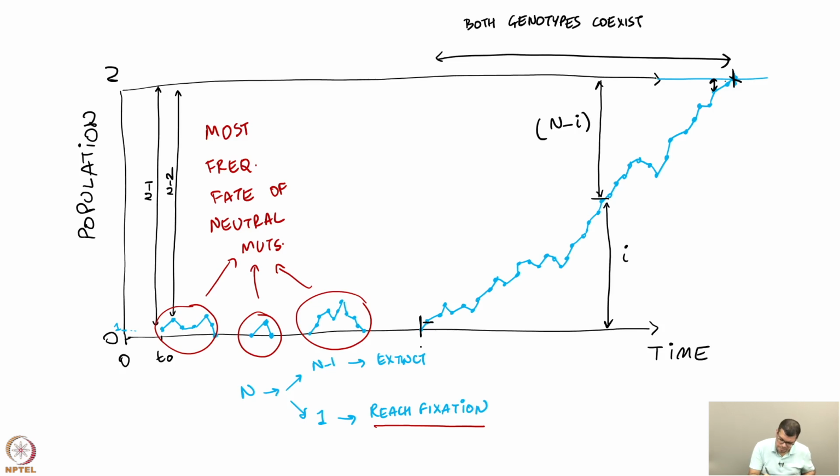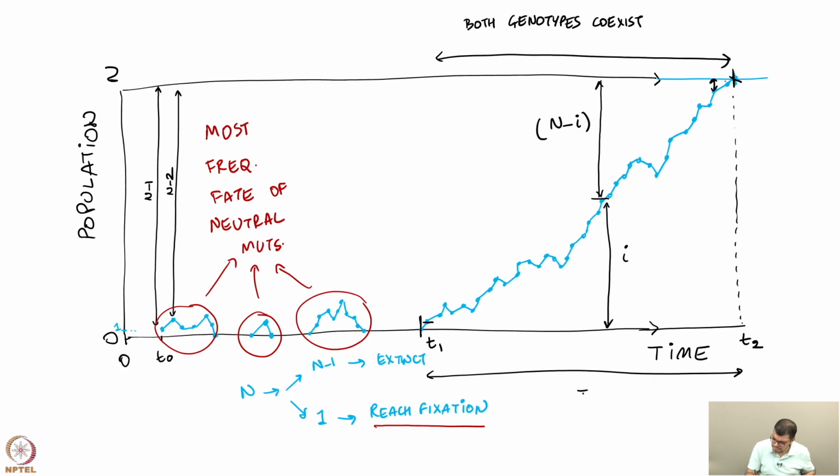And if this neutral mutation happened at time t1 and fixation happened at t2, this time is the time to reach fixation. And so on and so forth.